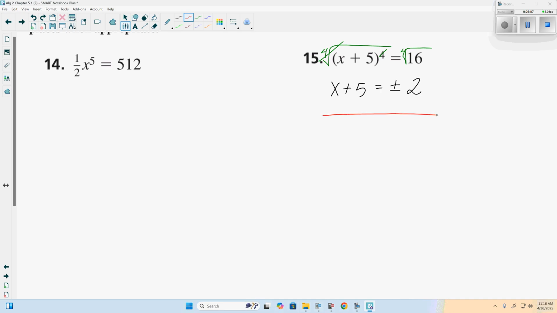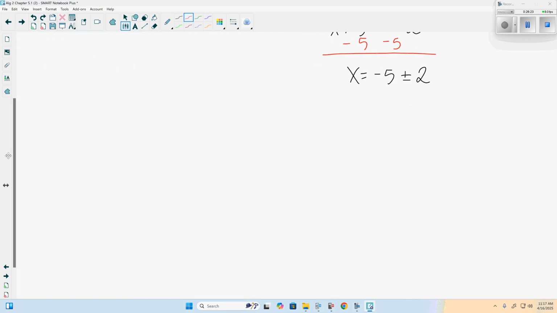Then at this point, we need to solve for the value of x. We would subtract 5, so x is equal to negative 5 plus or minus 2. Once we get to this point, can we do negative 5 plus 2? Well, yes. We need to simplify it and not turn it into a decimal.